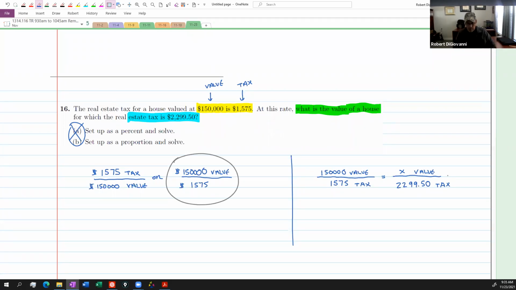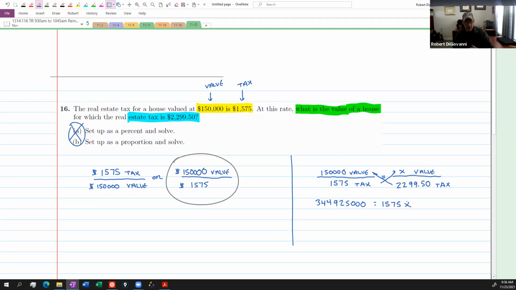So I'll multiply these two together and these two together. So on my calculator, if I do 150,000 times 2299.5, that gives me a huge number. It's 344,925 equals 1575x.